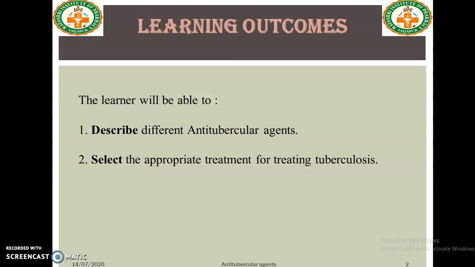So learning outcomes of this presentation are: the learner will be able to describe different antitubercular agents. The learner will also be able to select the appropriate drug for the treatment of tuberculosis.